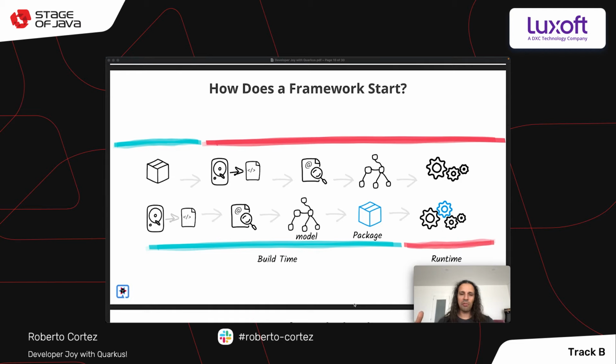You have to read the XML file, and to read it you usually require an XML parser or something like that. You pick up the file, read the XML, and then you're done. Well, what we do with Quarkus is, yes, we do the exact same operation, but we do it at build time, because it's unlikely that an XML file from a configuration is going to change between when you build the application and when you run it.